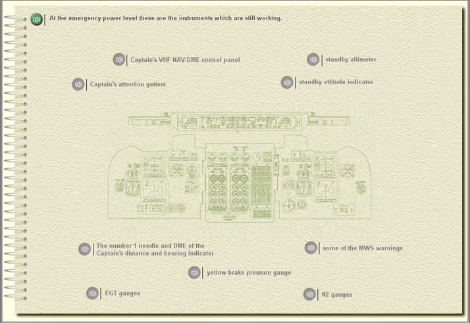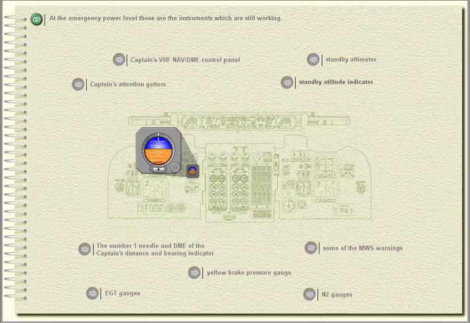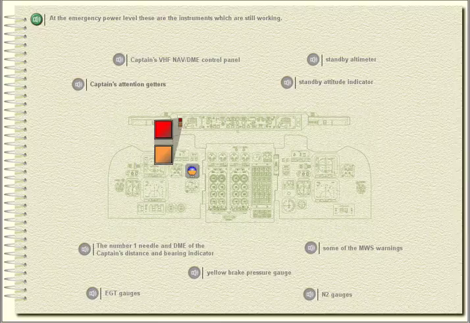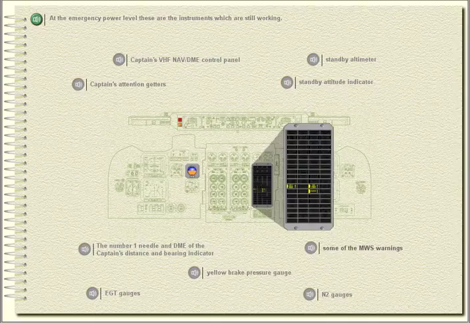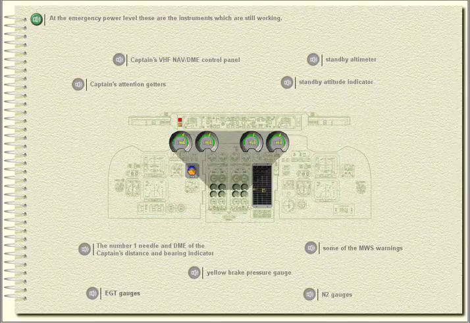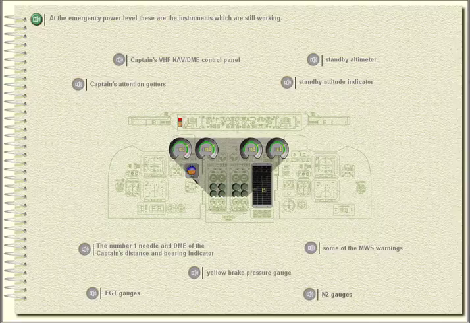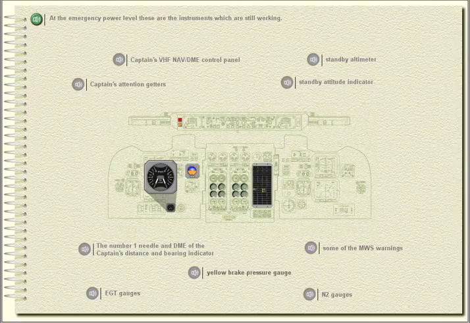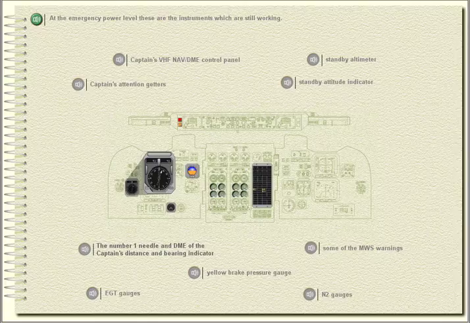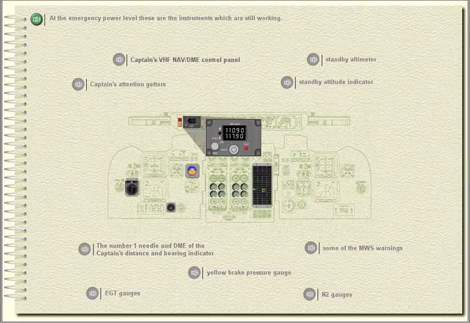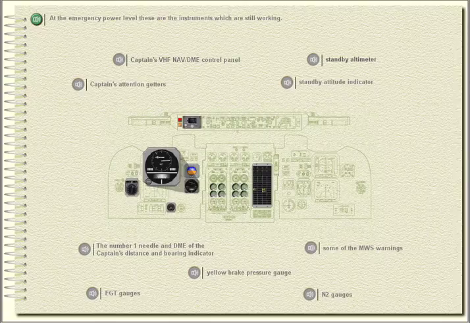At the emergency power level, these are the instruments which are still working. The standby attitude indicator, the captain's attention getters, some of the MWS warnings, the EGT gauges, the N2 gauges, the yellow brake pressure gauge, the number 1 needle and DME of the captain's distance and bearing indicator, the captain's VHF navigation and DME control panel, standby altimeter.